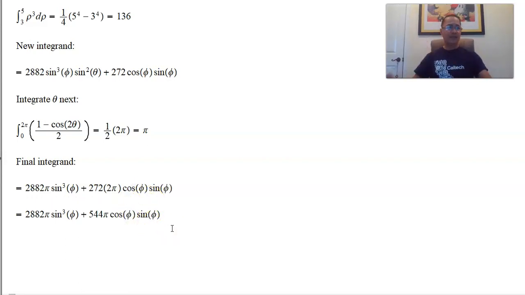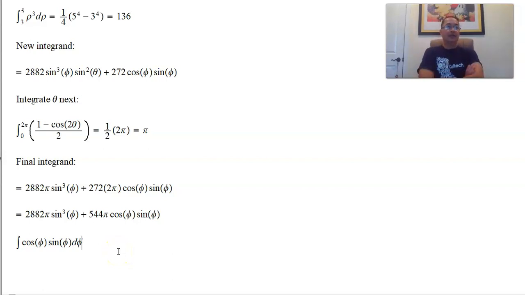So yes, little by little, it's just like chipping away at a big granite wall. This is easy to integrate, of course. We have the integral of cosine phi sine phi d phi.